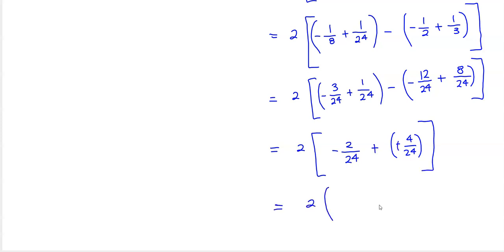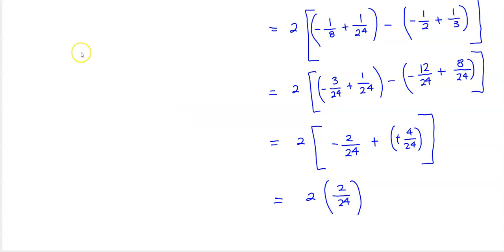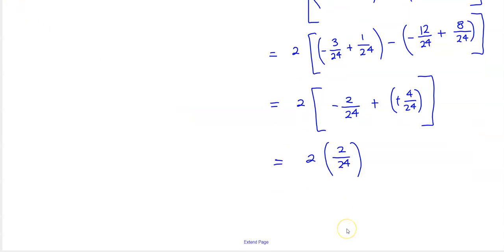So this is 2 times 2 over 24. Let's reduce that: 2 over 24 is 2 times 1/12, which then becomes 1/6. And therefore there is our result.